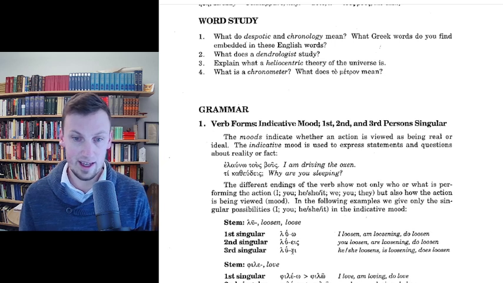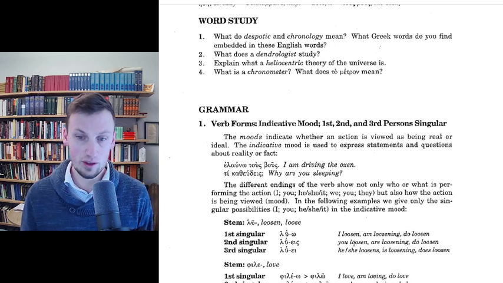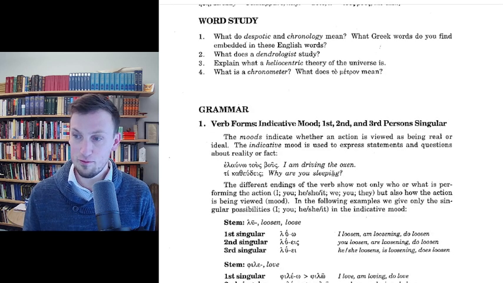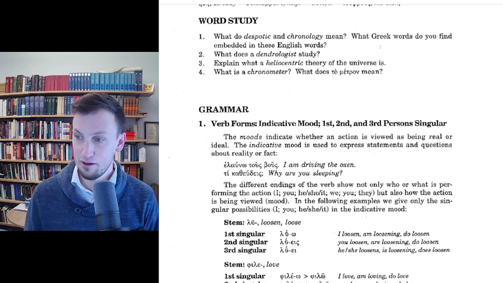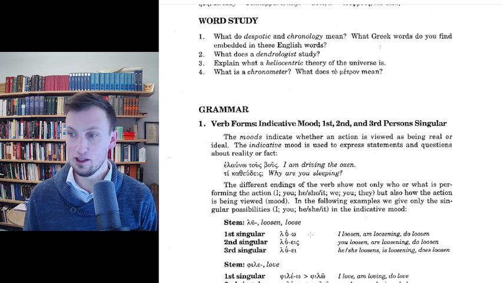O, eis, ei. I loosen, you loosen, he, she, it loosens. So I recommend you try practicing this. Practice saying phileis, philei, luo, lueis, luei.